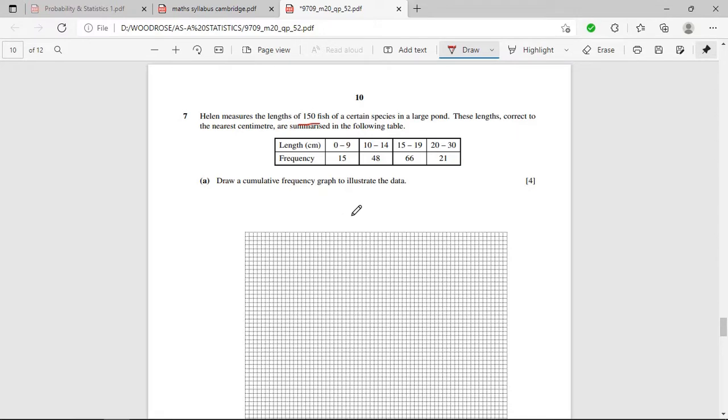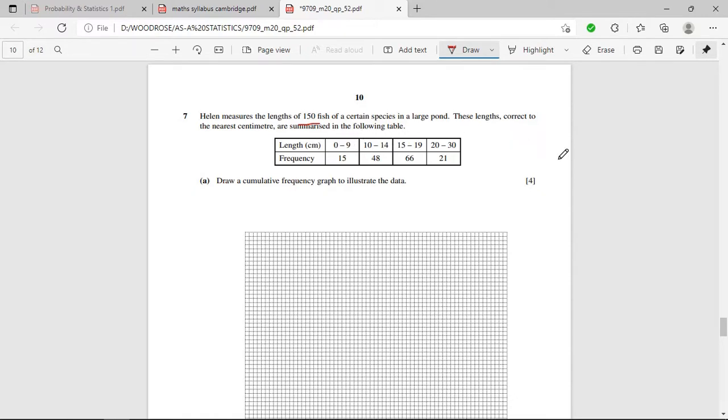So the first thing you need to identify here is whether your data is continuous or not continuous. In this case, our data is not continuous. Why? Because there are gaps here. If you still remember, how do we close these gaps?